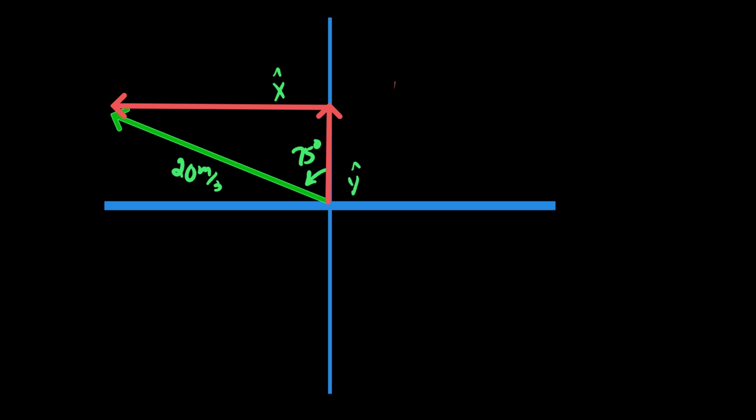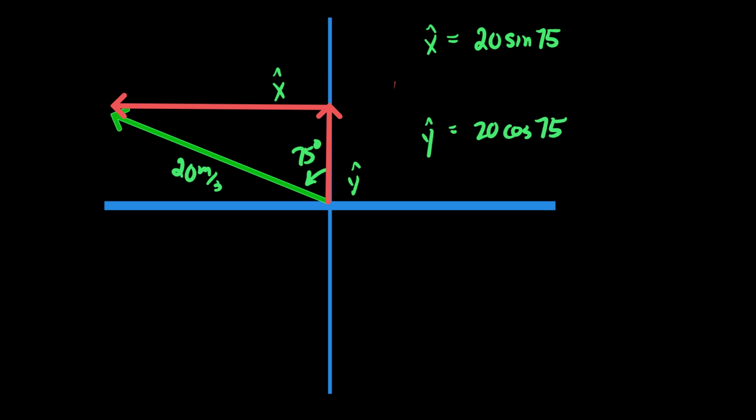Seems to me the x portion is the opposite side. You guys agree with that? Alrighty. So I'm thinking my x portion is going to be 20 sine 75. And my y portion is going to be 20 cosine 75.